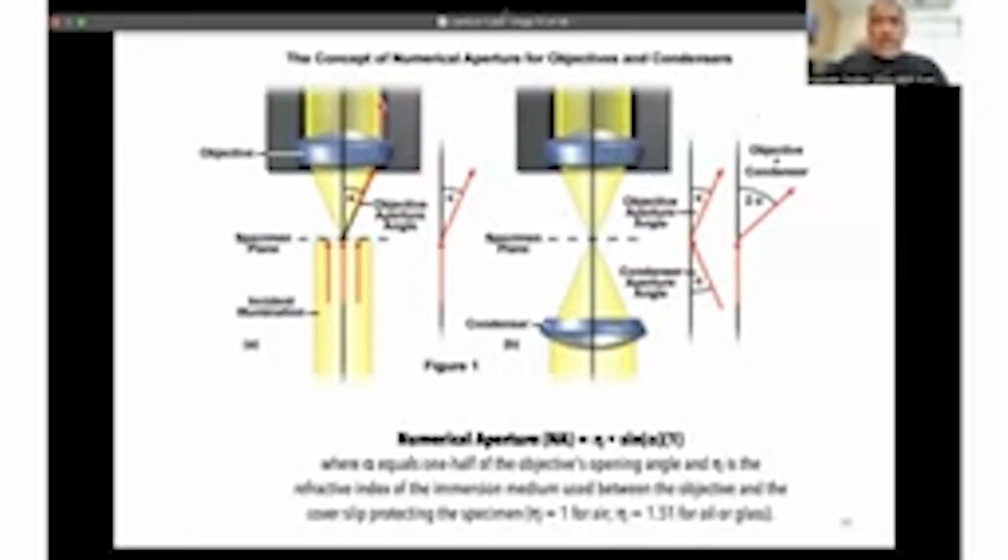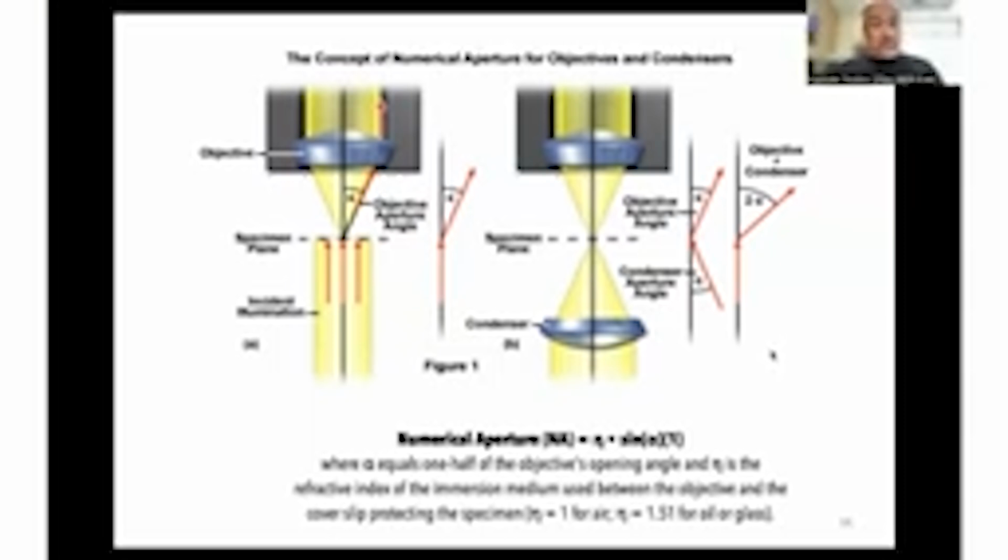So light gets collected in these different ways, and gets directed into the objective, and this is governed by the numerical aperture. What you need to remember here is that the numerical aperture is the definition of how much light actually can get into the objective and the condenser, right?